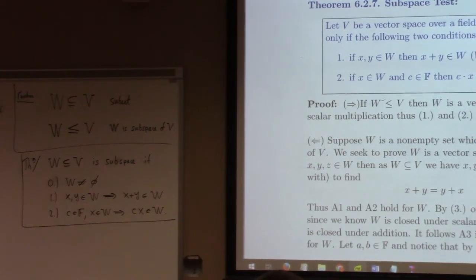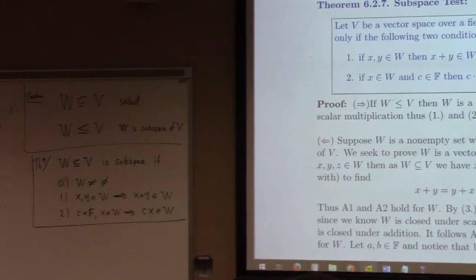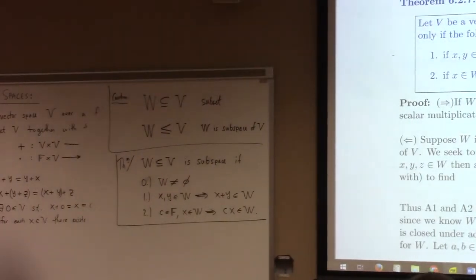I need that W is a subset of V. I often forget to even comment about this because for typical problems, it's so stupidly obvious that W is a subset of V, it doesn't seem like it needs comment, but technically speaking, to be fussy, we do need that W is a subset of V. And there are contexts where that's something that needs to be shown. Not usually though, usually it's just there. On the other hand, 0, 1, and 2, you need to check all of these for a proper proof of something being a subspace.